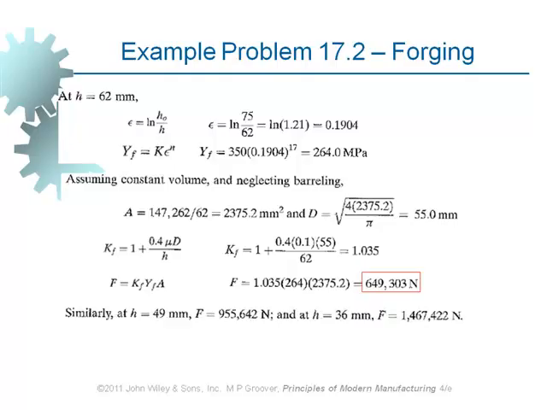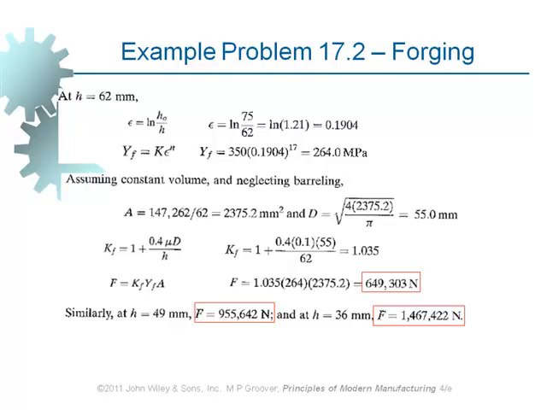If we do it the same way, we compute new forces. At the height of 49, this is the force required. At the height of 36, that much. How does the required force change?